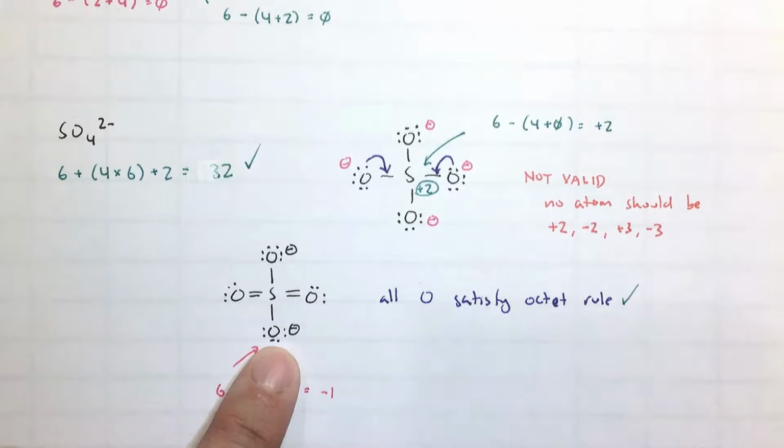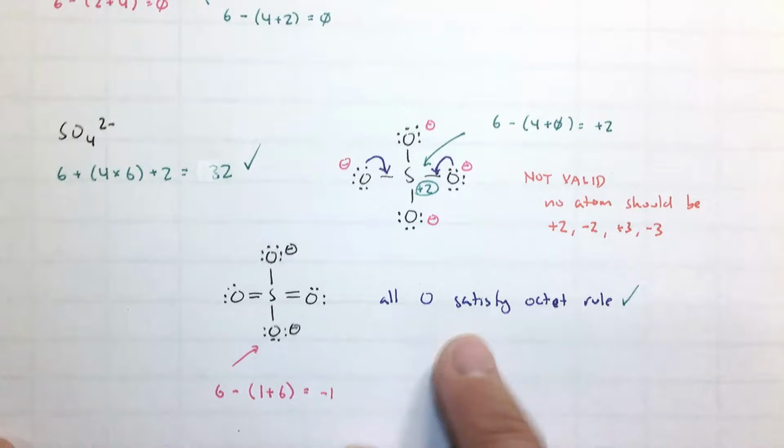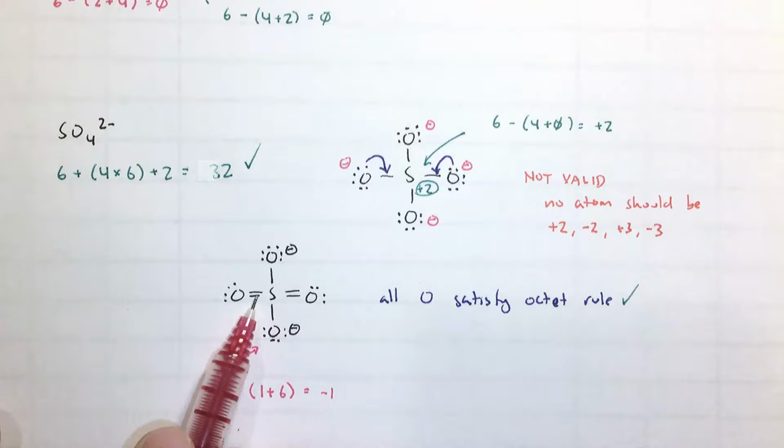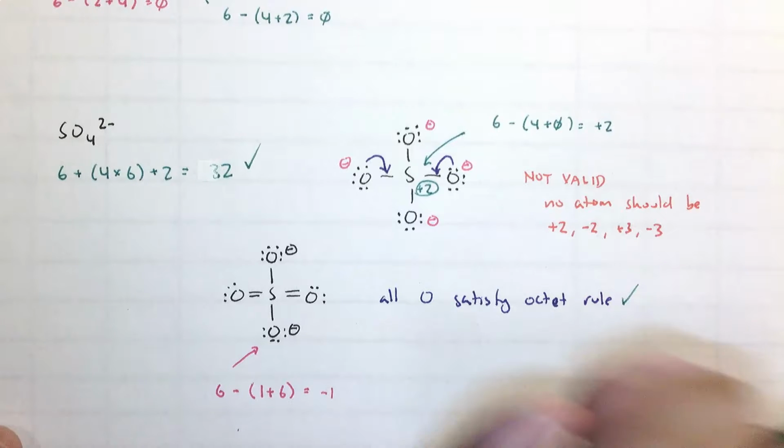So that's the formal charge. I was trying to figure out the octet rule. The octet rule is this: 1, 2, 3, 4, 5, 6, 7, 8. How about this oxygen here? 1, 2, 3, 4, 5, 6, 7, 8. Okay. So all the oxygens satisfy the octet rule.